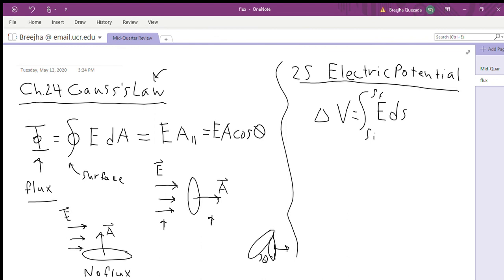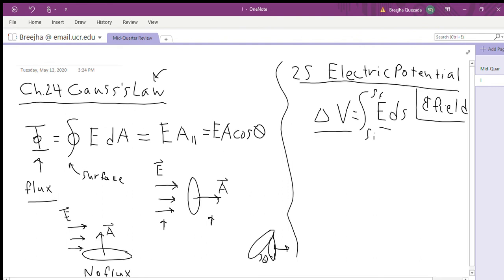Oops, I forgot, it's electric potential and field in this chapter. So this is the relationship between electric potential and field here.